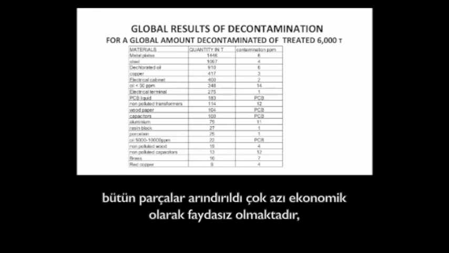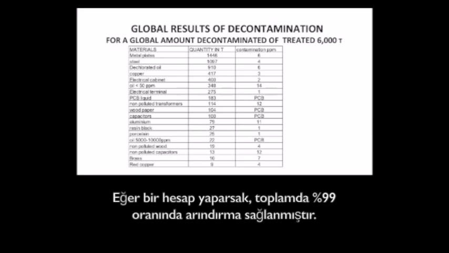Of course we are keeping just some parts which are without economic interest to decontaminate, because it's too hard to decontaminate. And this result shows that we have a global result of 99% decontamination.